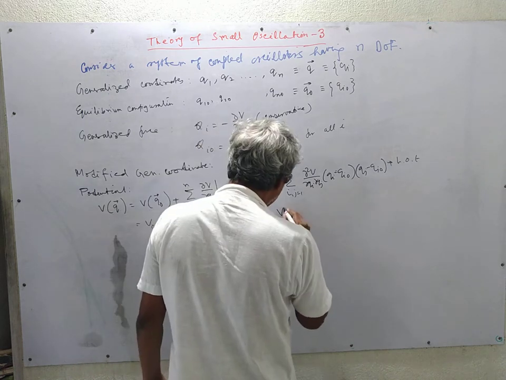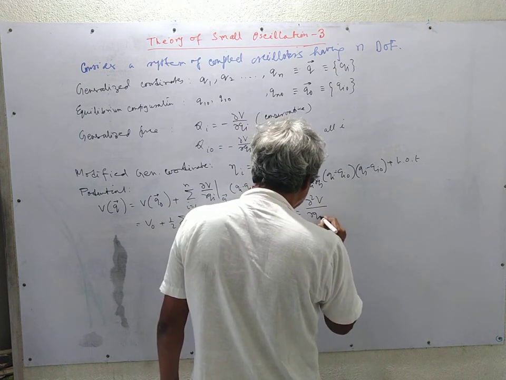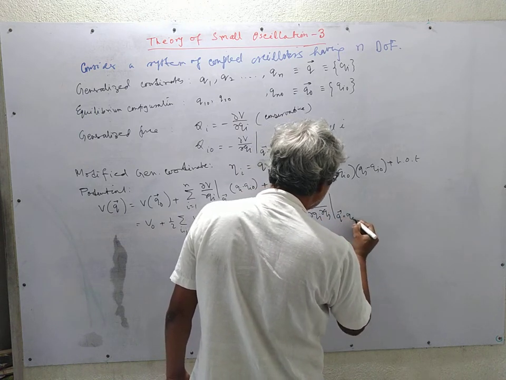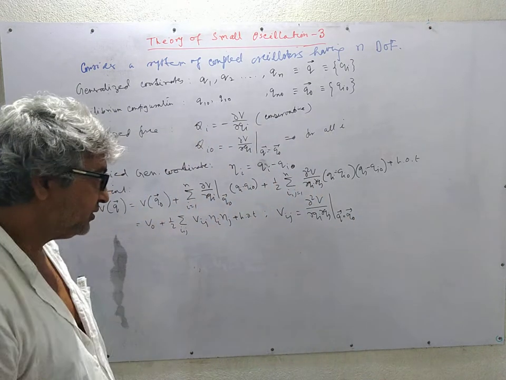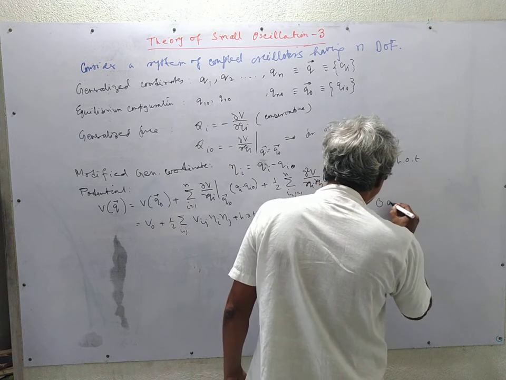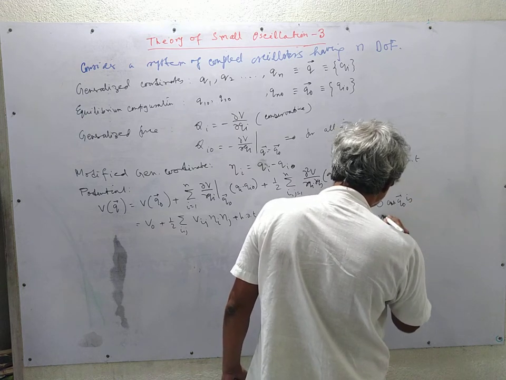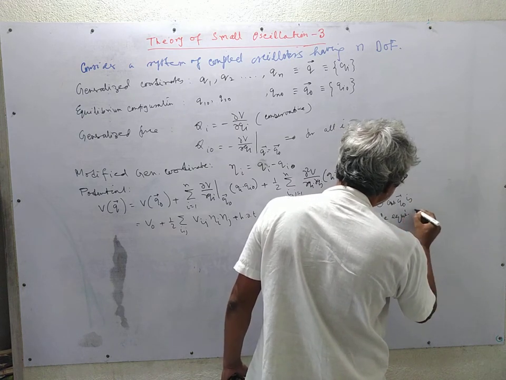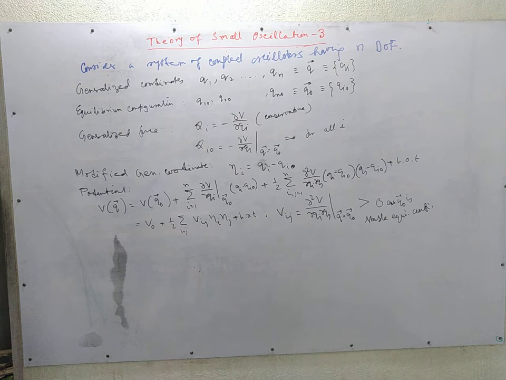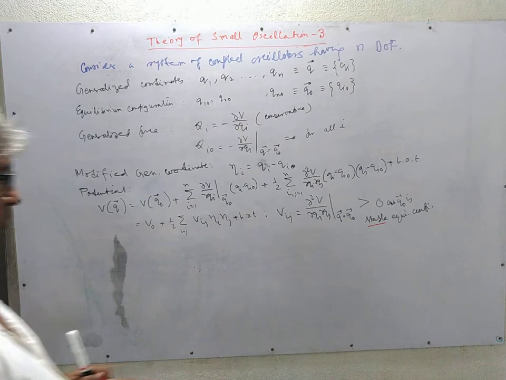Where Vij is del 2V del qi del qj evaluated at q is equal to q0, the equilibrium configuration, and this is greater than 0. As q0 is a stable equilibrium configuration, this Vij is positive.